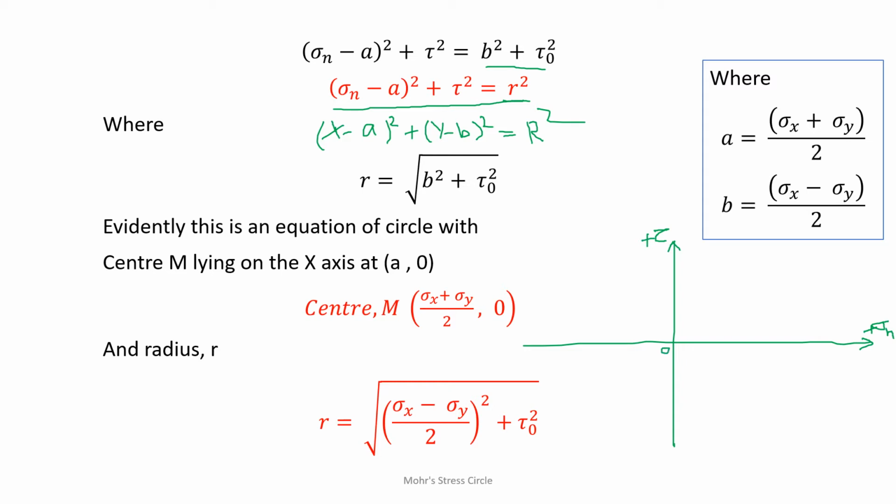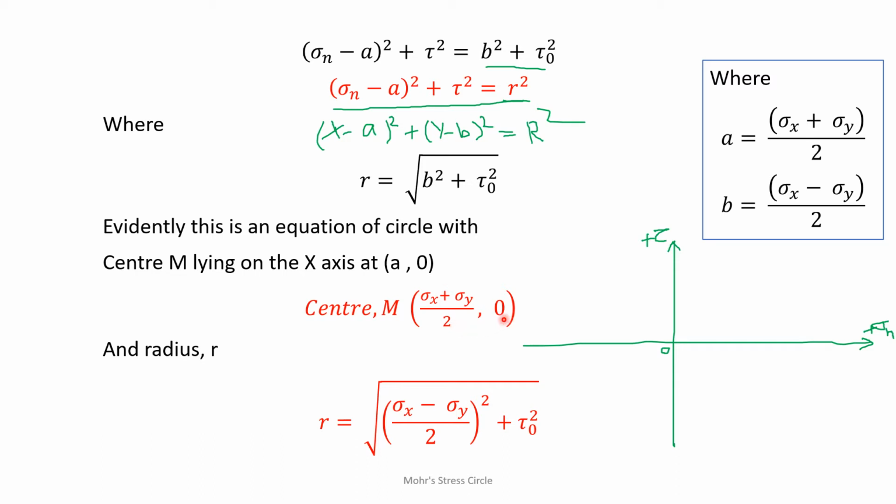Then the center is represented as M and will be at coordinates A, 0. The A value is sigma x plus sigma y by 2. We substitute the A value. Center M will always be at sigma x plus sigma y by 2 comma 0.